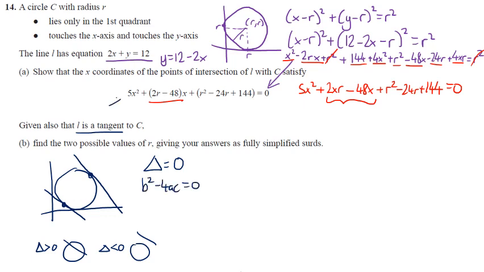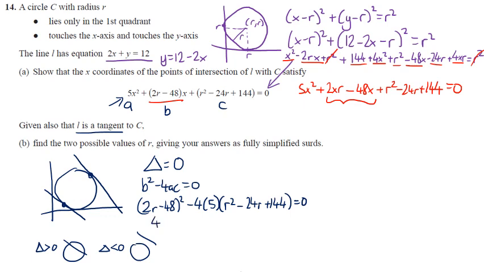So just going back to this quadratic from the previous part, so a is 5, b is the bracket, and c is that bracket. So we just put all that together. So we've got (2r minus 48) squared minus 4 times 5 times that quadratic in r equals 0. Multiply all of that out.